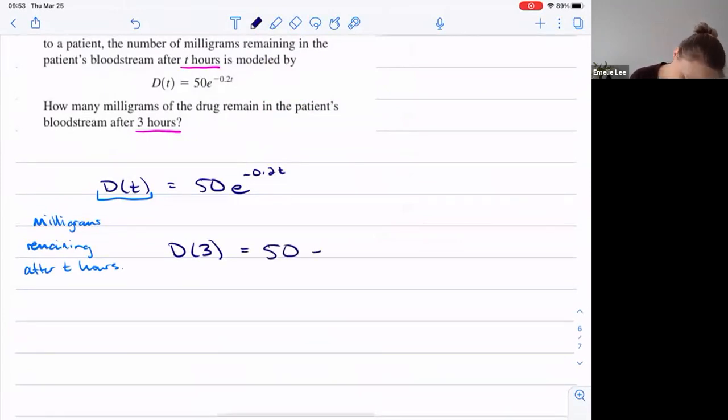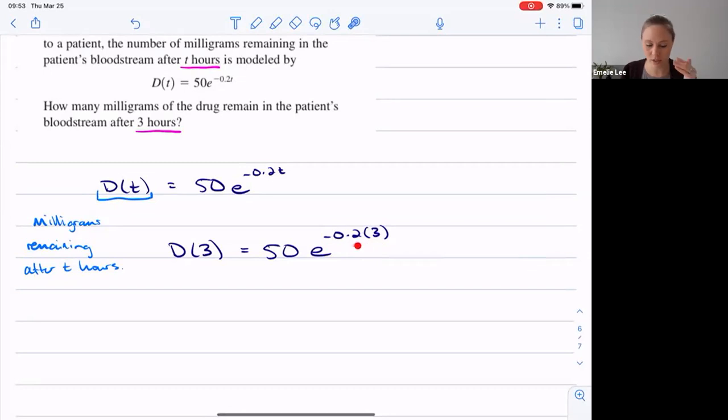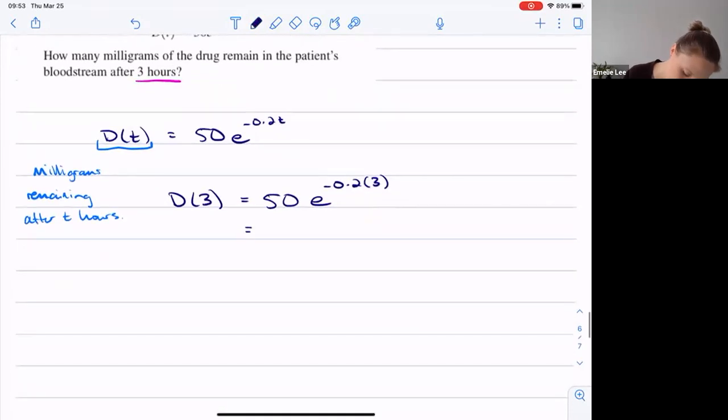So we have 50 e to the negative 0.2 times 3. What's key here is you want to find e to the negative 0.2 times 3 first and then multiply it by 50. So I'm going to show each step of the calculation evolving here. So 50 times e, I'm first going to do 0.2 times 3, which is, of course, negative 0.6. I did check it though.